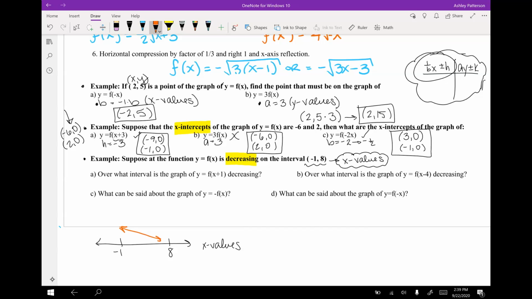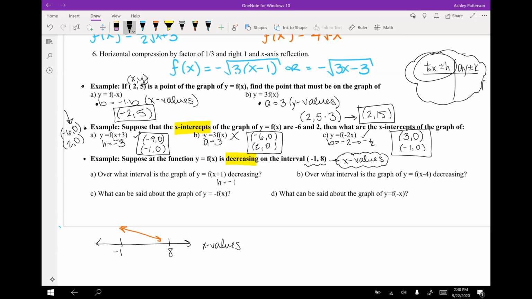So for A, it asks, over what interval is the graph of y equals f of x plus 1 decreasing? Well, x plus 1 inside means that h is -1. So it's going to shift all of the x values to the left.